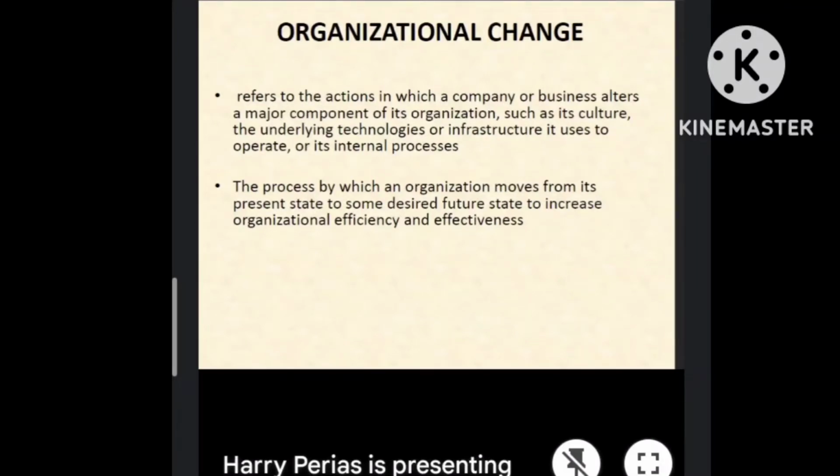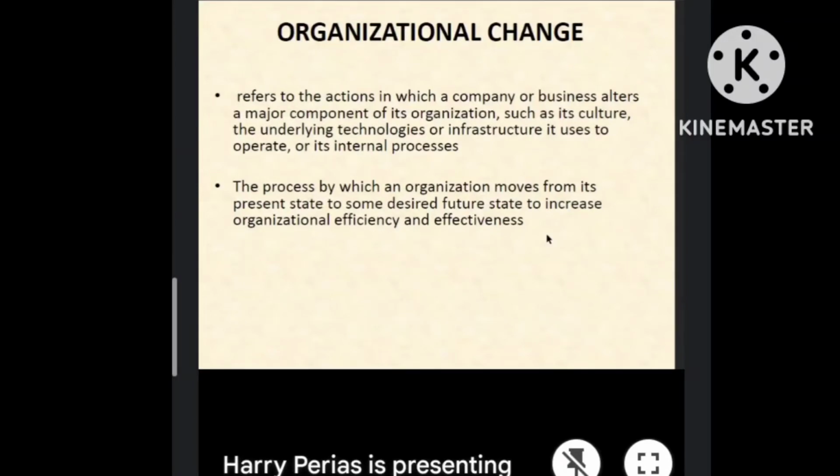So, this is the most important part here of the definition, the organizational efficiency and effectiveness. So, kumbaga, kapag naggawa tayo ng organizational change, we always make sure na ang kalalabasan niya is increased efficiency and effectiveness.